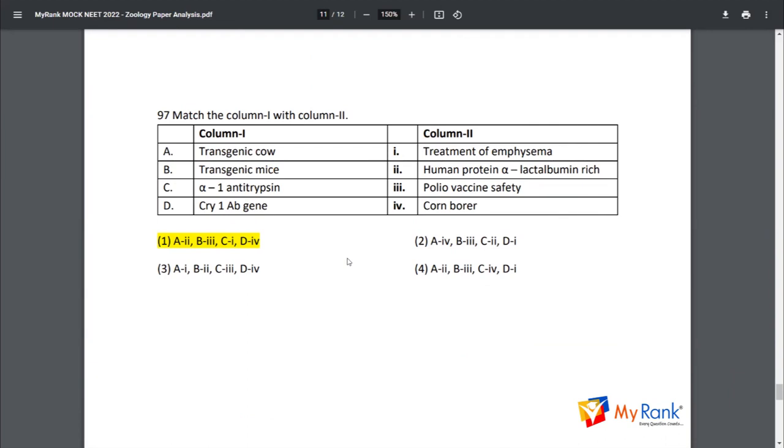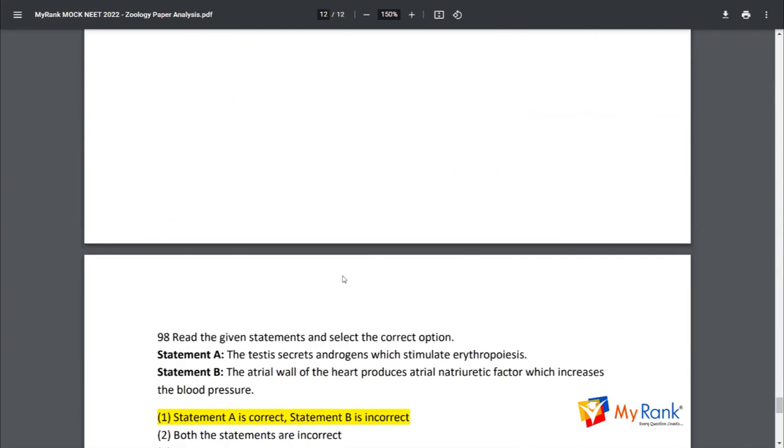C, alpha-1 antitrypsin, helps in the treatment of emphysema. So C to 1. D, Cry-1Ab gene, helps with the corn borer. So D is 4. Now, A 2, B 3, C 1, D 4. Where do we have those options? We have it in option 1. So for 97, option 1 is the correct answer.